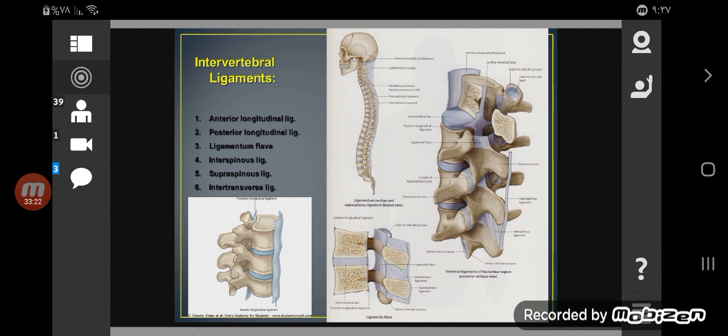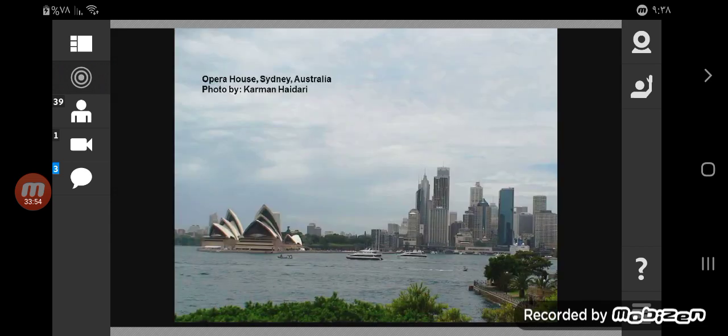You can find this ligament throughout the vertebral canal, but the superior extent of this ligament is limited at the level of the axis. I mean that the posterior longitudinal ligament superiorly attaches to the axis, and after that, in continuation with this ligament, you've got the tectorial membrane.